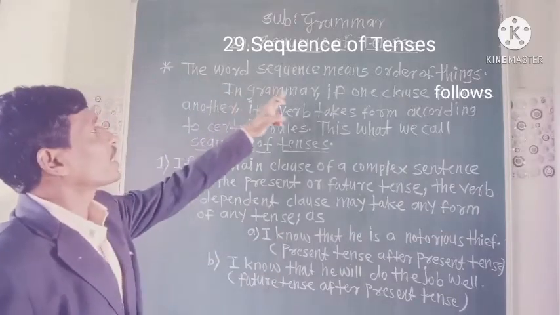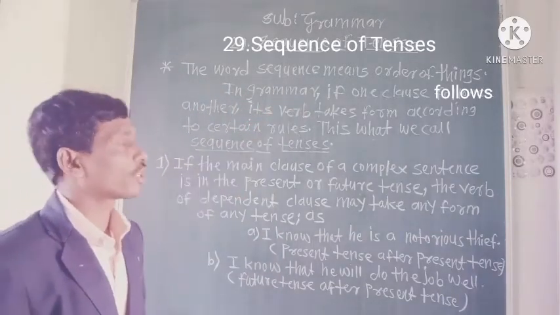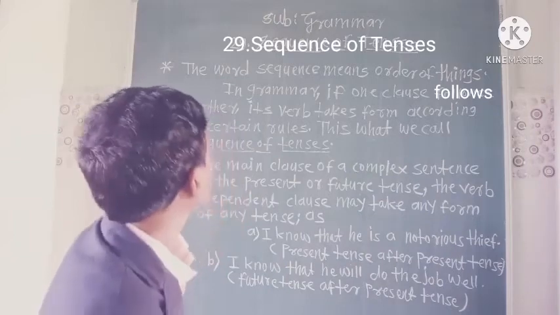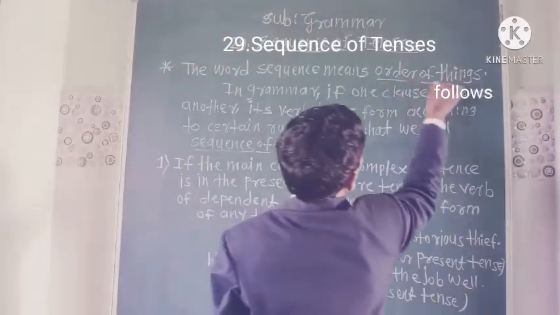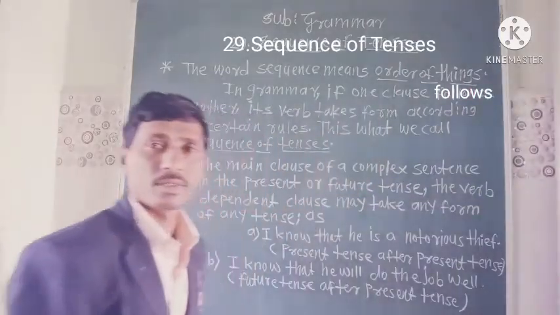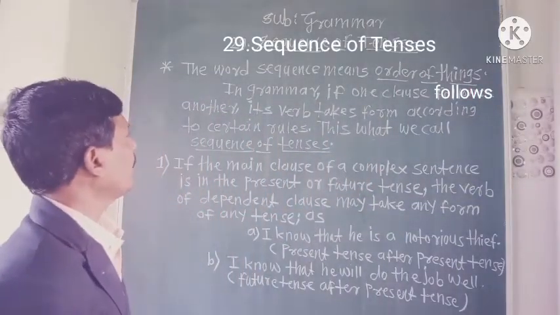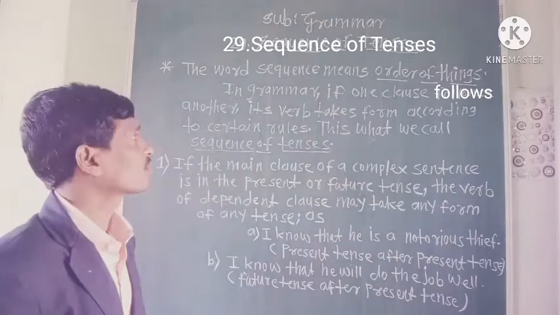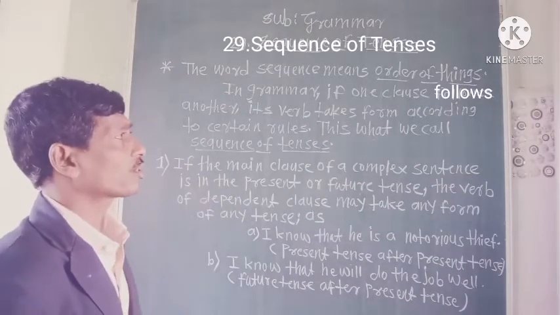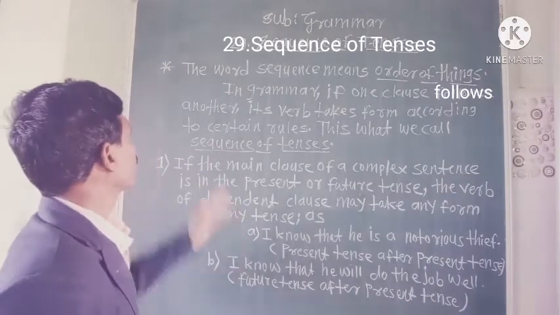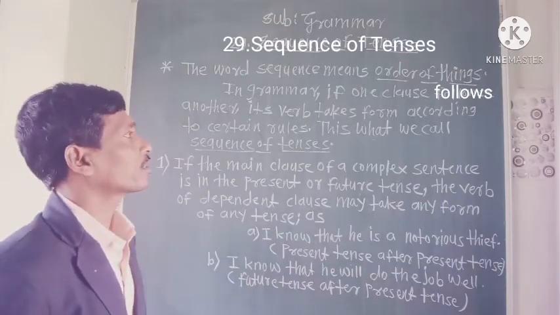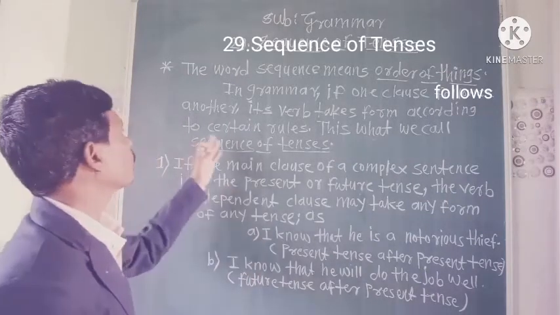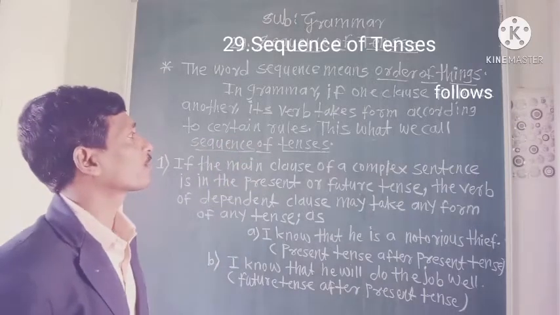The word sequence means order of things. In grammar, if one clause follows another, its verb takes form according to certain rules.